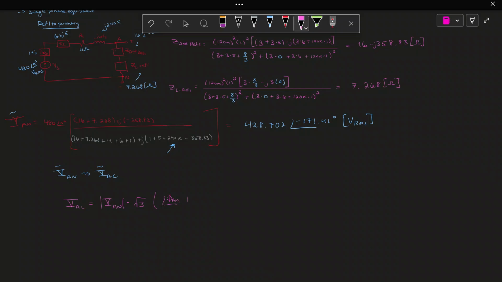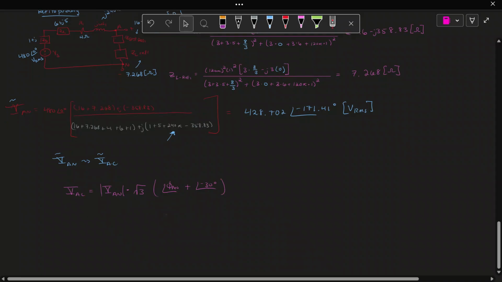Is it going to be plus or minus? Well, let's put a plus here, and we're going to go from AN to AC. Well, AC is 180 of CA, and what we have to do is then go clockwise, so minus 30 degrees.